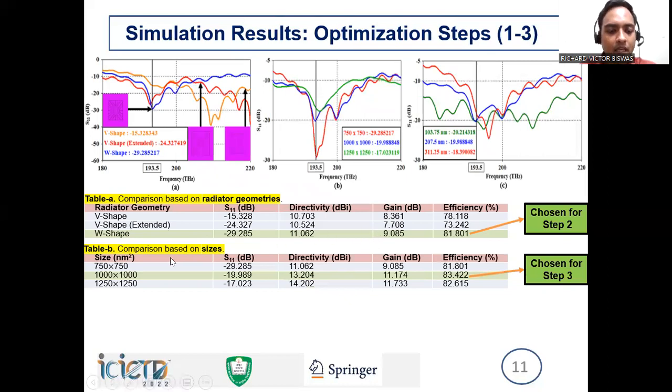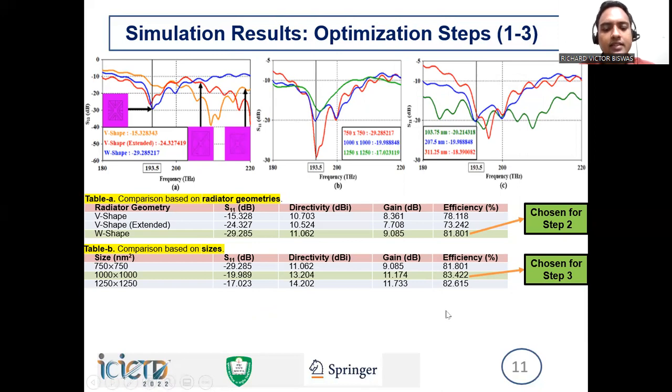Referring to table B, the size of our design has been selected between 750 by 750 nanometer square and 1250 by 1250 nanometer square in such a way that the minimum reflection coefficient and good efficiency are apparent.